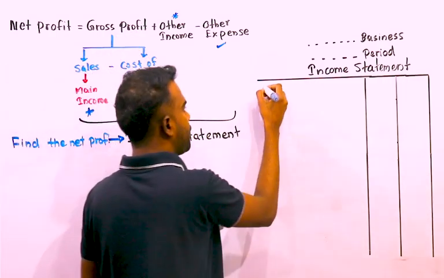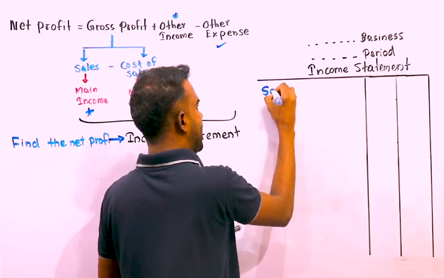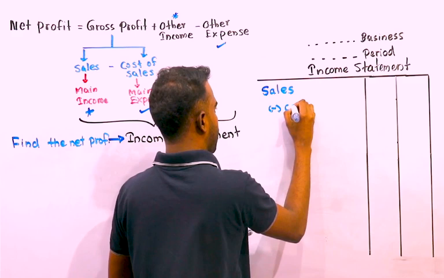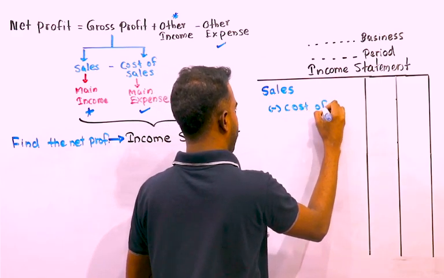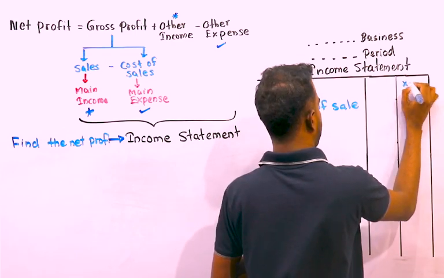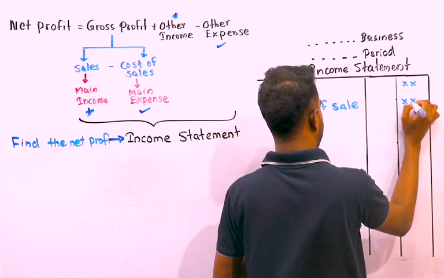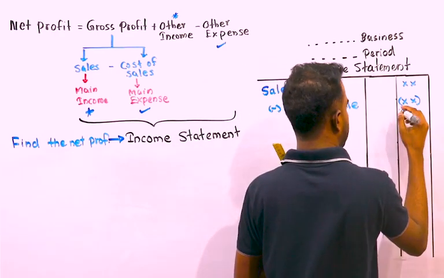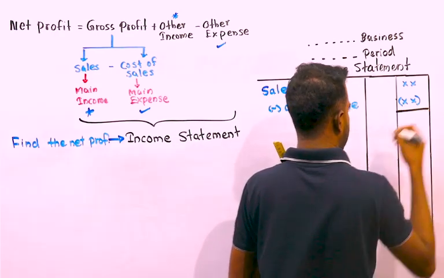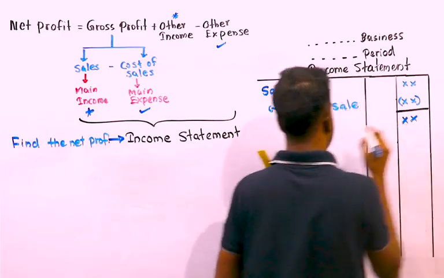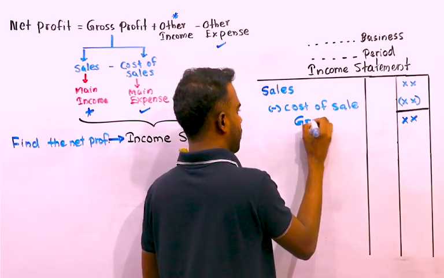And therefore, you have to write here sales minus cost of sale. Cost of sale. I'll put marks here on the minus. Then you can get the answer. That's the gross profit.